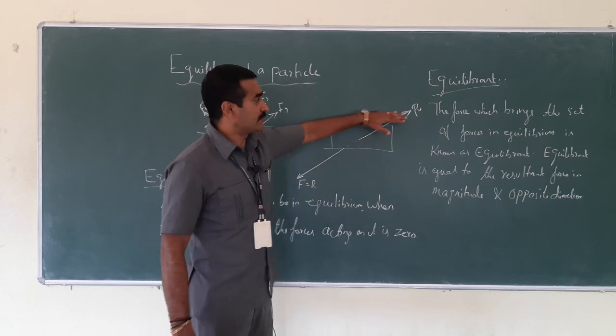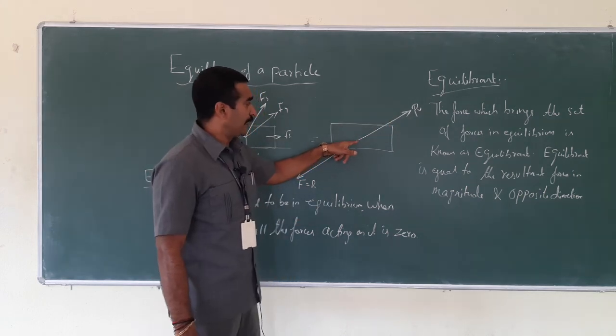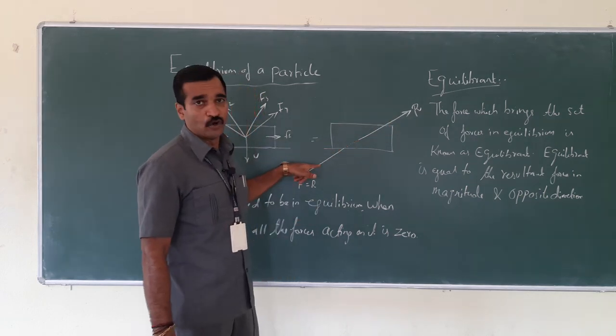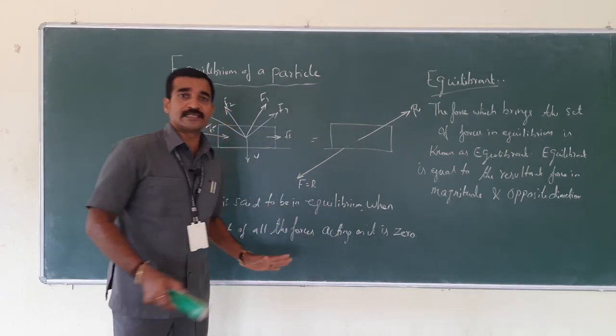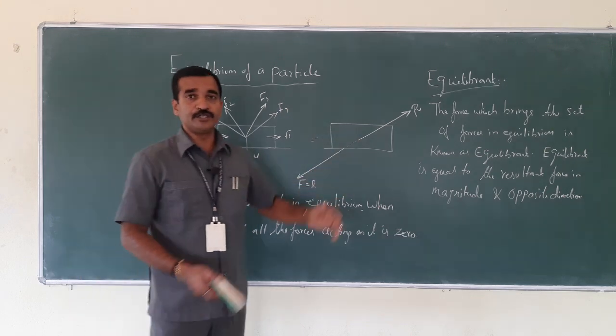Look at here, this is the resultant, and the equilibrant acts along the same line of action. So this is the resultant and equilibrant.